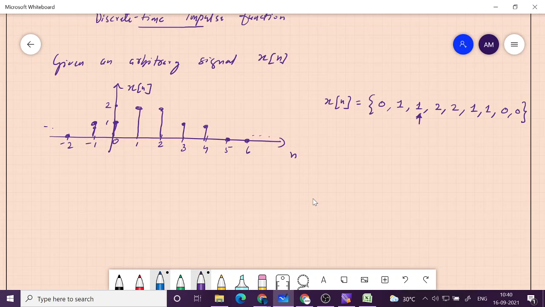An arbitrary signal can be specified by drawing the graph or the plotting of the function, just like I have shown on the left side, or it can be specified by a curly bracket with entries one by one. Or sometimes you can specify the value of the function by a closed form expression, just like I told you, sine omega n.